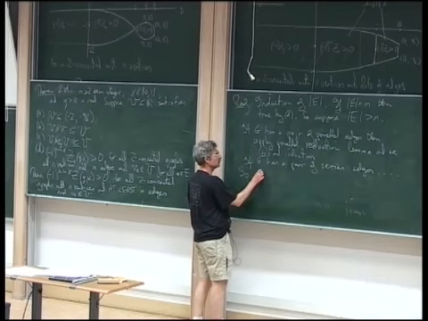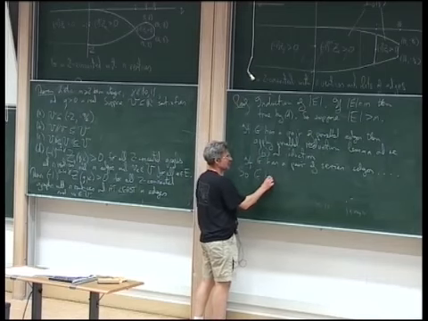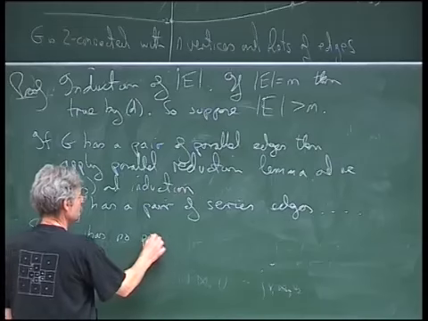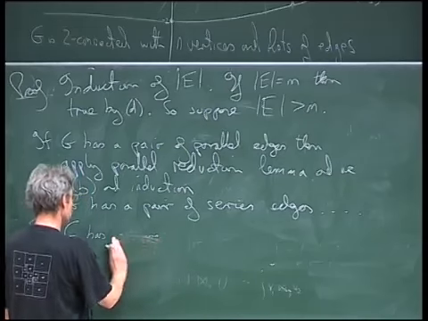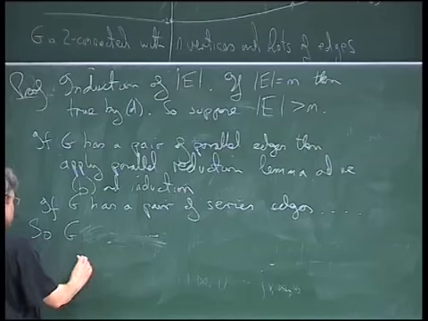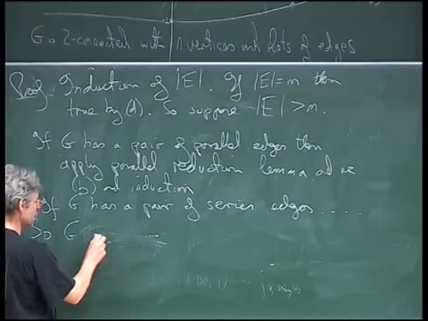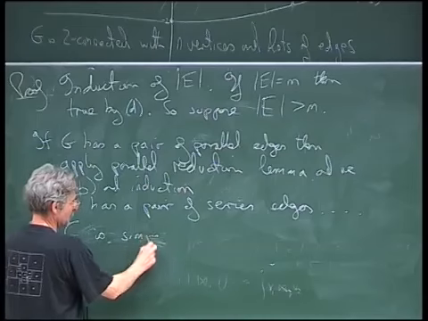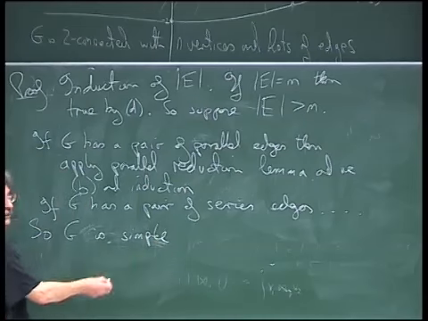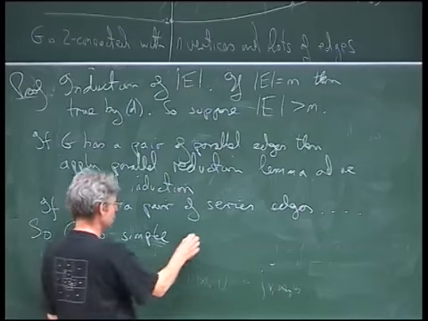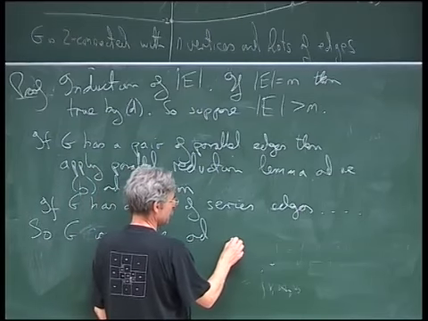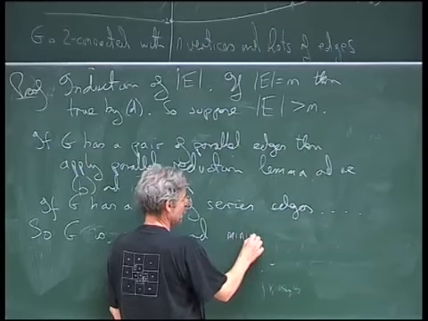So we can assume G has no parallel edges. So G is simple, which means it has no loops and no parallel edges, and minimum degree at least 3.